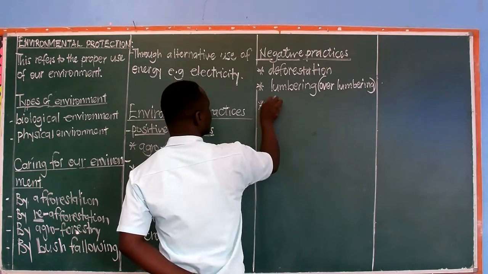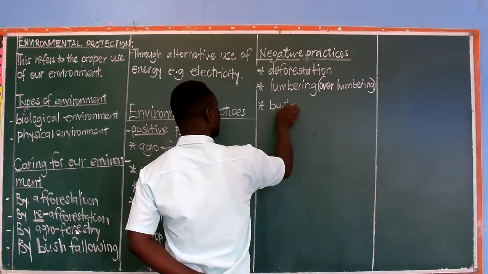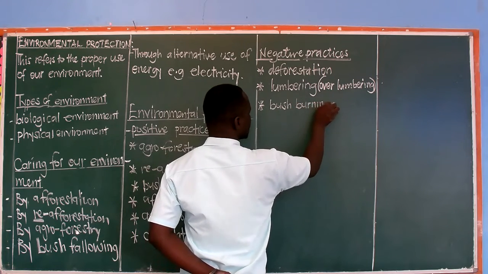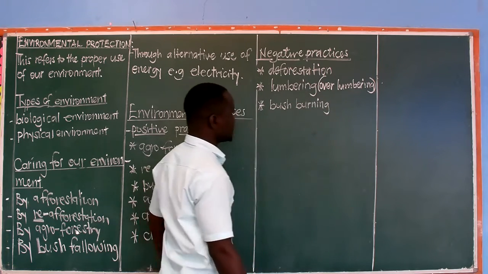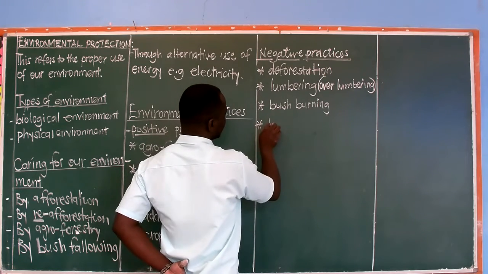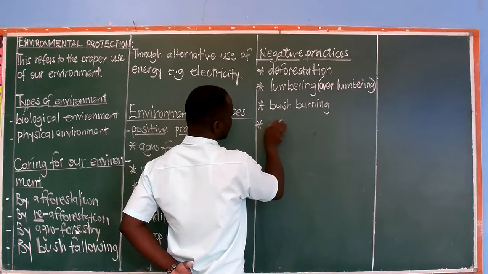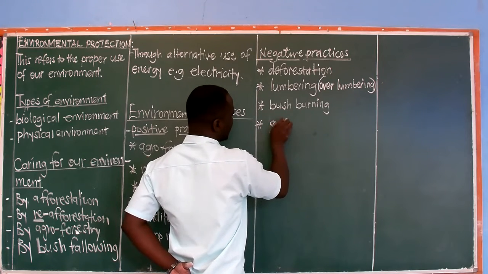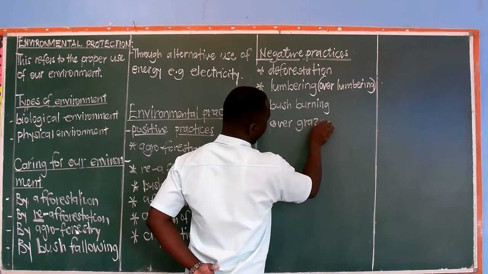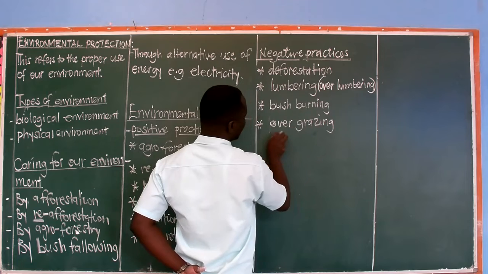Next problem is bush burning, not again bush fallowing this time. It destroys the environment. These are not enough. We shall also be having what we call overgrazing here, which moves together with overstocking.